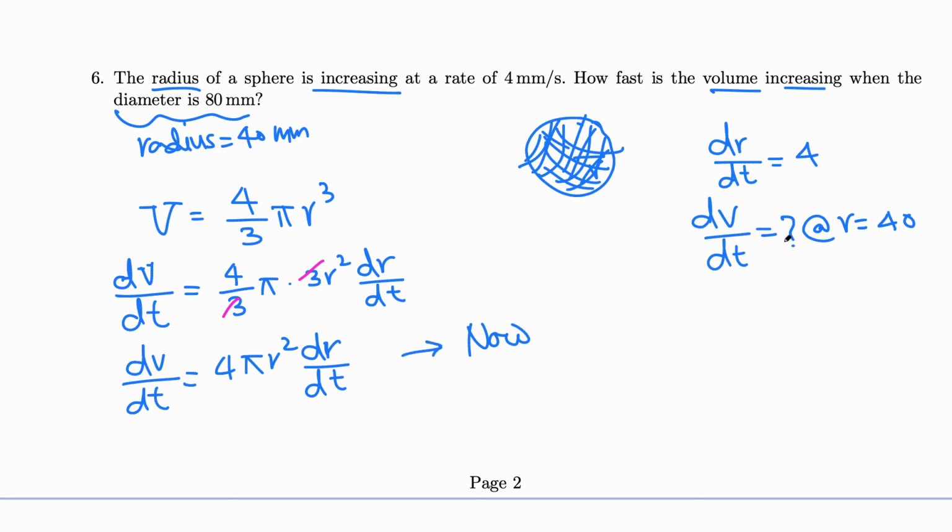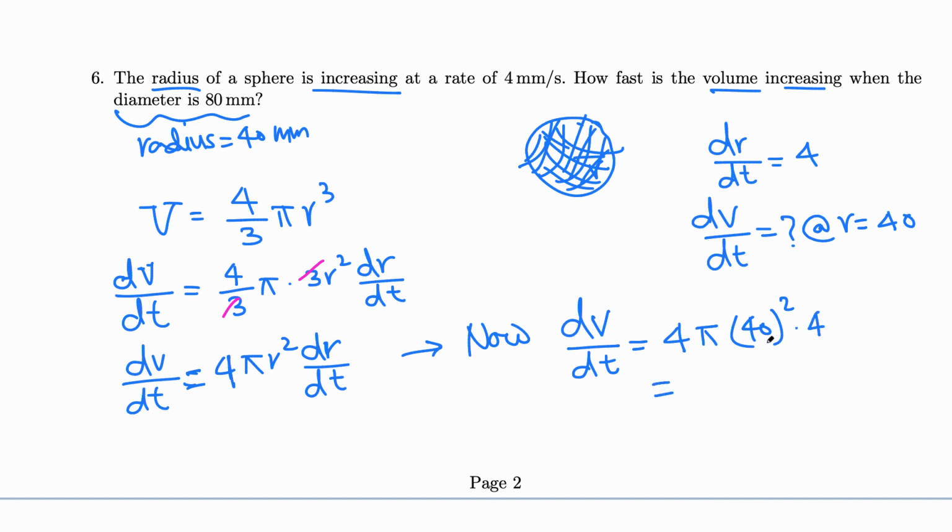Now let's plug in and find the unknown. dV over dt is being asked, so dV over dt equals 4 pi r squared. So 4 pi, r is 40 squared, times dr over dt is 4.